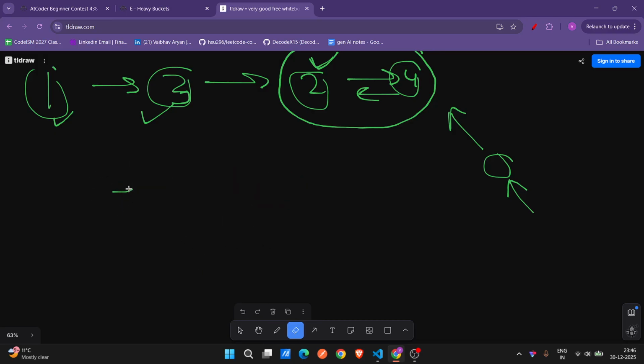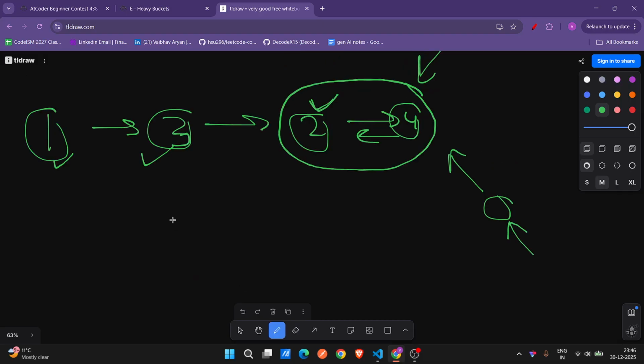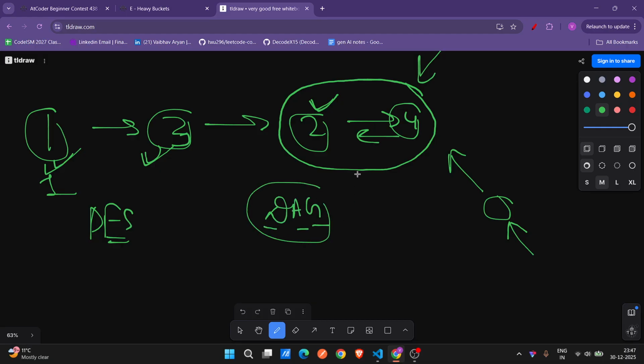So what I was thinking is, with the help of DFS, I can calculate these values. First of all, I was thinking of making this graph a DAG, a directed acyclic graph, and just compressing each cycle into one node.